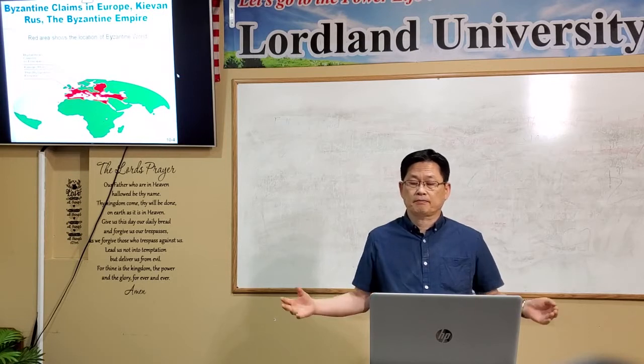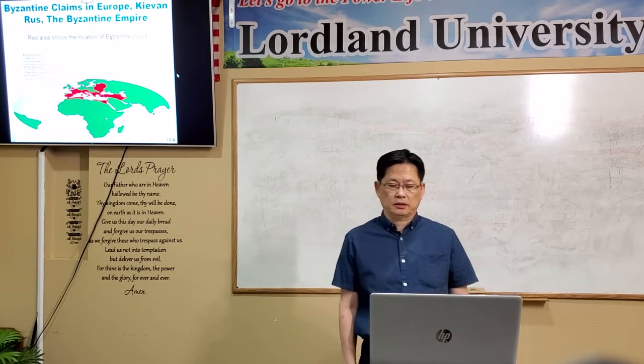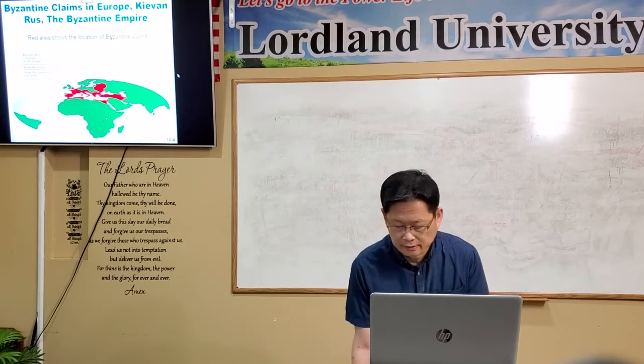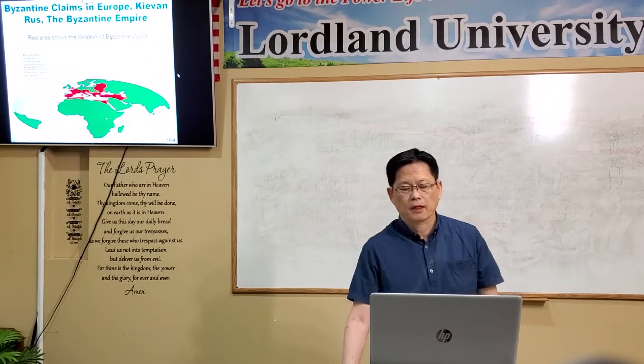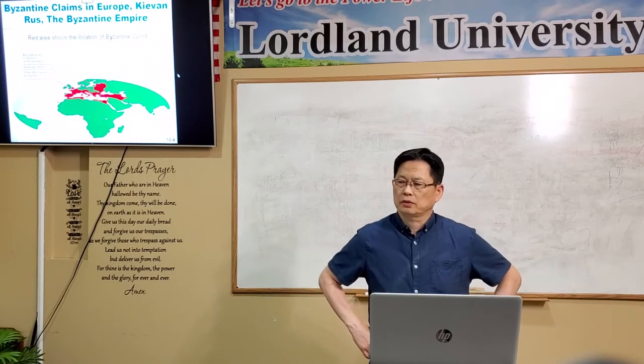This map shows the Byzantine world. The red area shows the location of the Byzantine world on the globe.